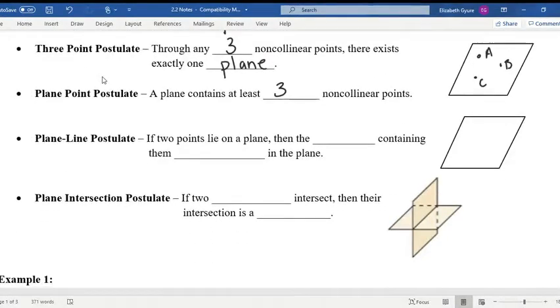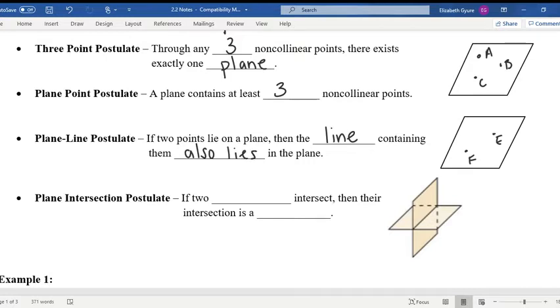And then the plane line postulate says if 2 points lie on a plane, so here you have a plane, let's say there's 2 points on it, I'll call that F, and how about this one, E? Then the line containing them also lies in the plane.